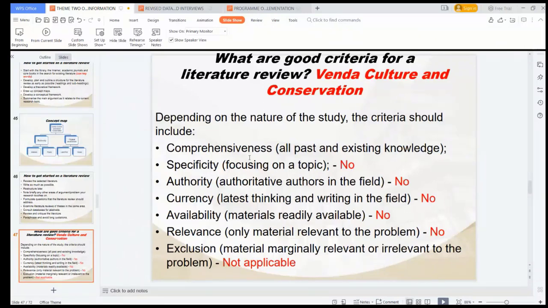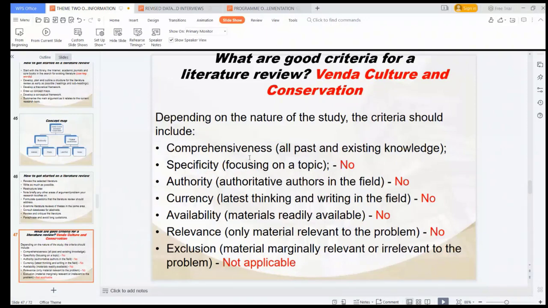So there was no authority who wrote about it. Currency, latest thinking and writing in the field: there was nothing by then, because it was just nature conservation in general, international perspective, Western perspective, or indigenous knowledge in Africa. It was only that. So I said, no, there was nothing written about that at that time.